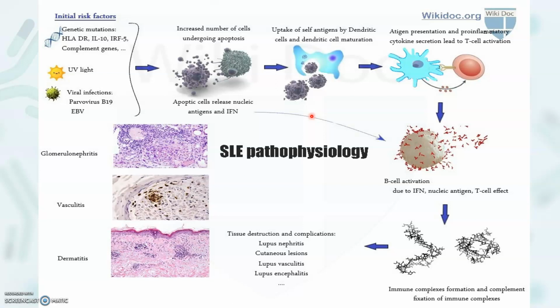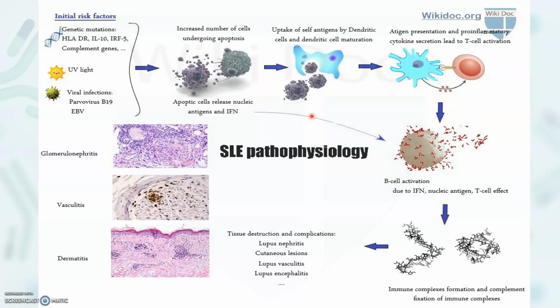The nucleic antigens are taken up by dendritic cells, which are one of the antigen presenting cells, and then presented to T cells, which activate B cells to produce antibodies against these nuclear antigens.